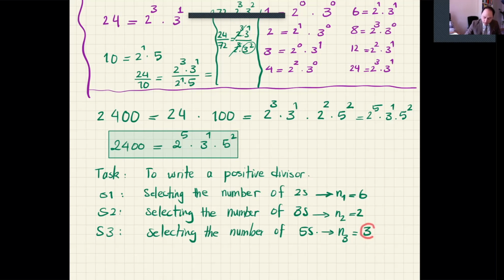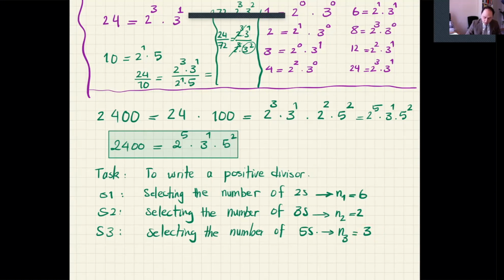Is this number independent of how the first and second stages have been done? The answer is yes. It doesn't matter how many 2s or 3s I have chosen. I still have 3 options available for the last step: I don't choose 5 at all, I choose 1 5, or I choose 2 5s. So there are 3 options available.